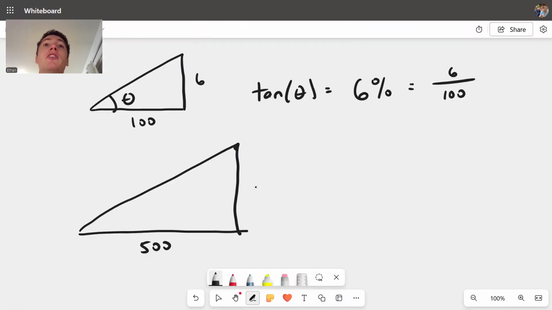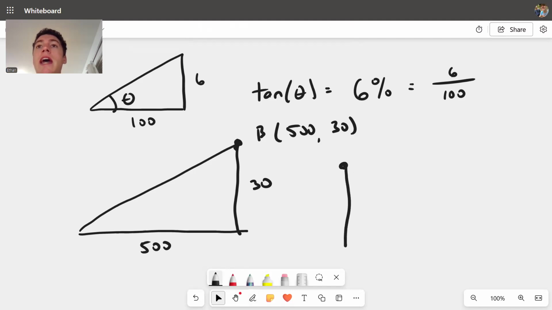So the base is 500, which means that our height is just a similar triangle, 6 times 5, because we multiplied the 100 times 5, which is just 30. So our coordinate for B is 500, comma, 30.